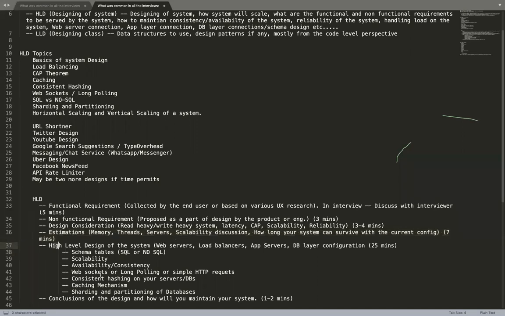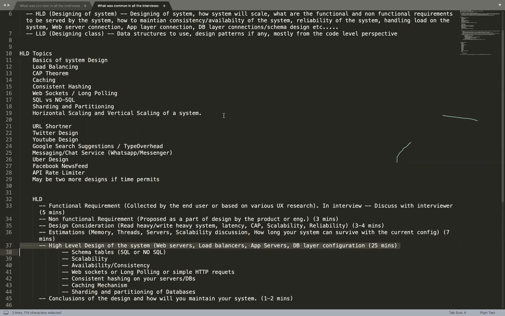Then when we go to the high-level design, we'll discuss the tables, like SQL or NoSQL DB, what kind of storage it will be. We'll discuss all those things as a part of high-level design.